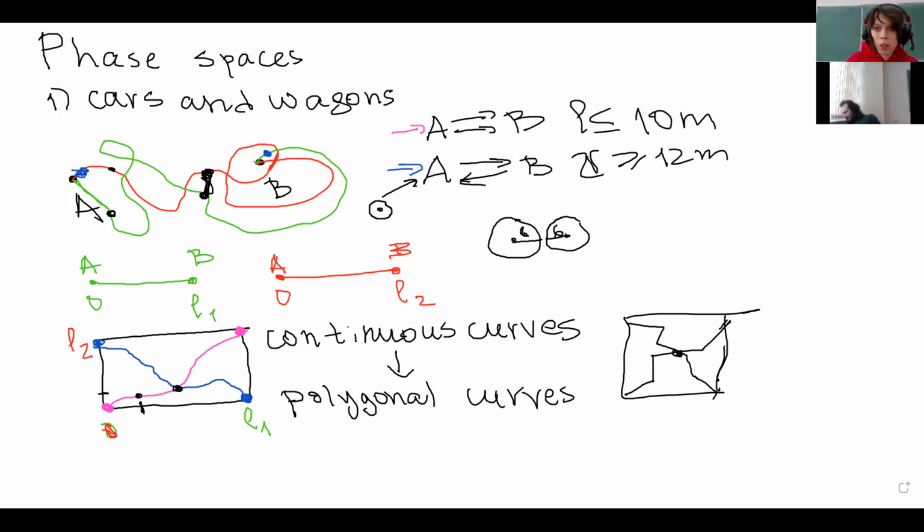And then the thing we can do is approximate our continuous curves by polygonal curves. What will we do? We will just draw some points on each curve, and then we will connect these points by line segments.